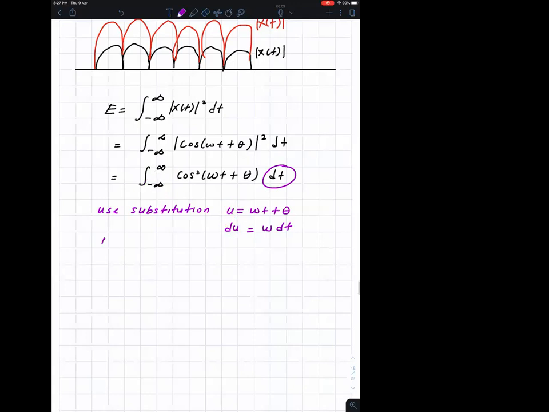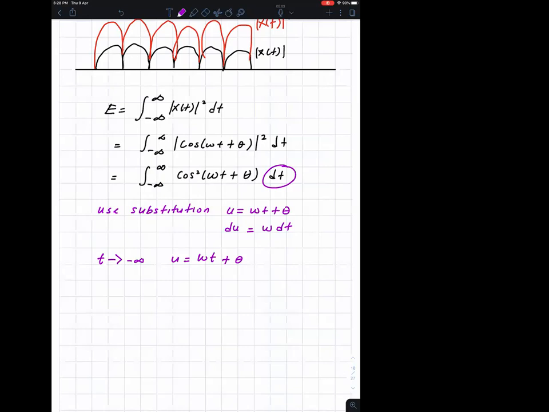When t goes to minus infinity, what is u? Since u is omega t plus theta, when t goes to infinity, what happens to u?